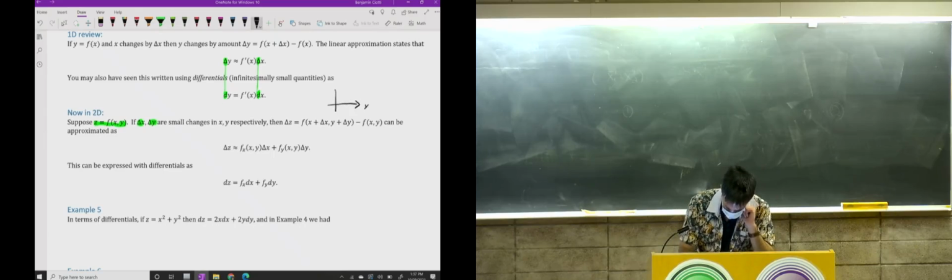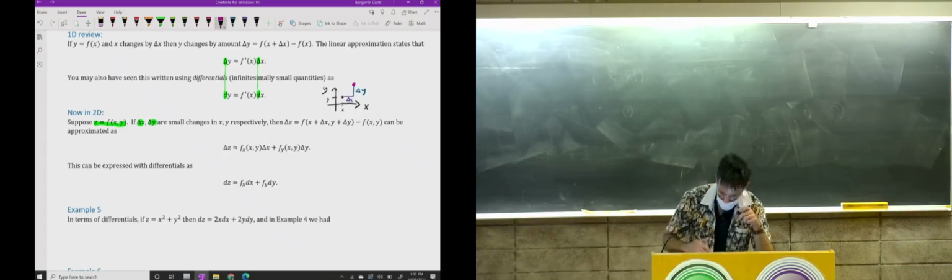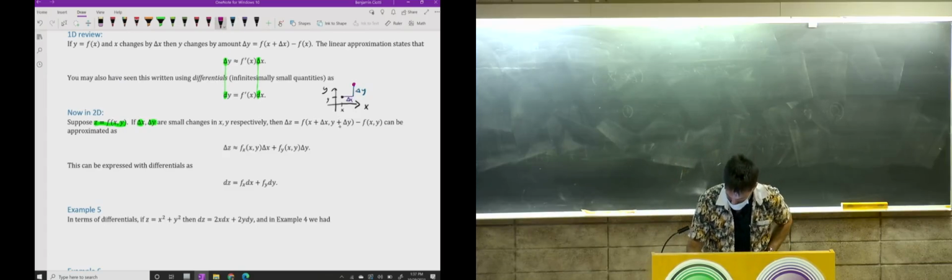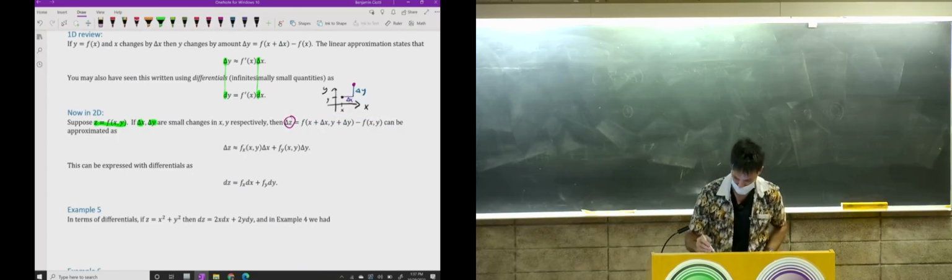If this is the xy plane, maybe initially x and y were right there, but you increase x by an amount, delta x, and you increase y by an amount, delta y, and you end up at some new point where the function has a new value. So the difference in the value of the function at the new point and the value of the function at the old point is the change in z, the corresponding change in z.